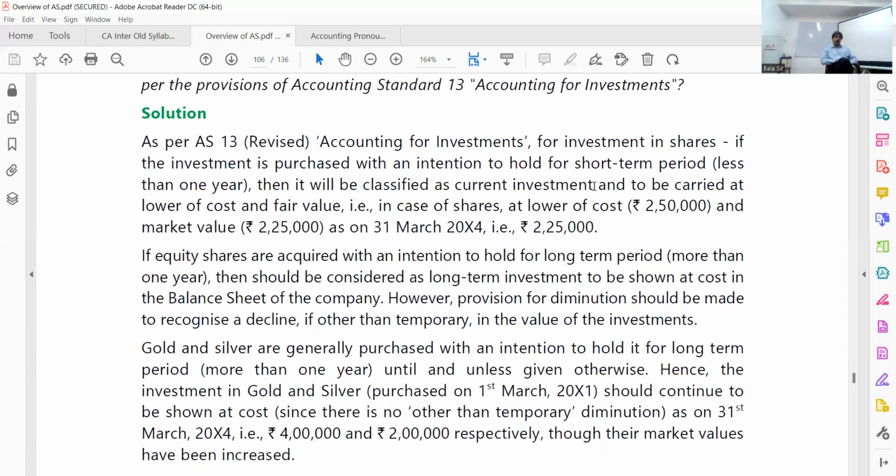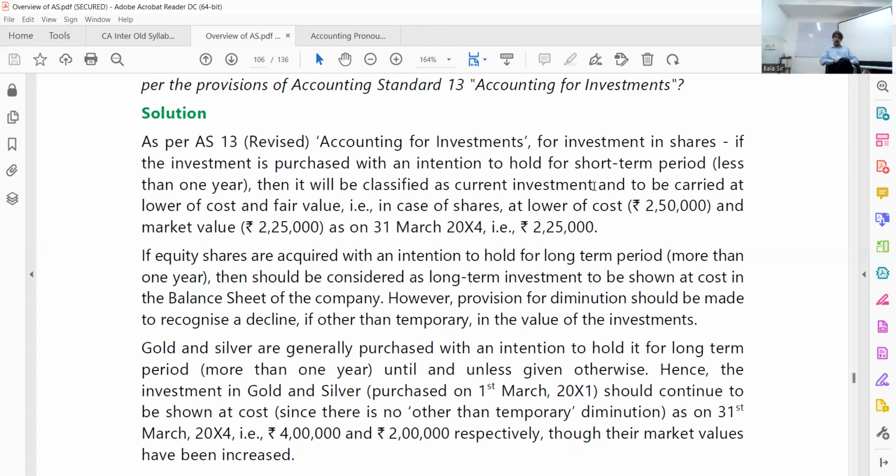Otherwise, don't. Then gold and silver are generally purchased with an intention to hold for a long-term period, more than 1 year, until and unless given otherwise. Basically, until and unless given otherwise, normally we assume gold and silver are held for the long term.